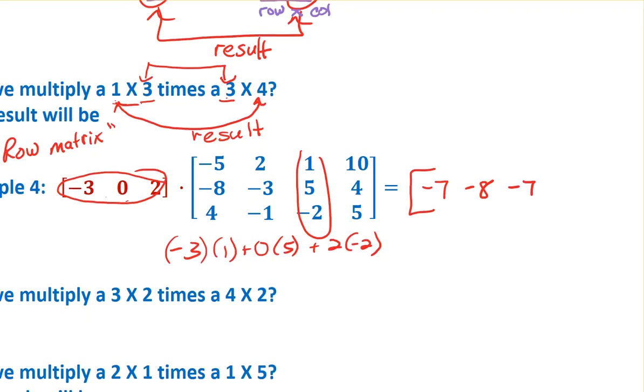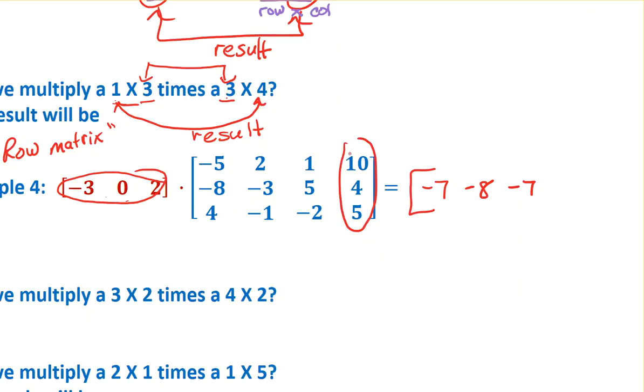And one more time, we take each term of our row times the fourth column. So -3 pairs up with the 10, the 0 with the 4, and the 2 times the 5. So we've got a -30 and a +10, so we have -20. So again, look at what happened here.